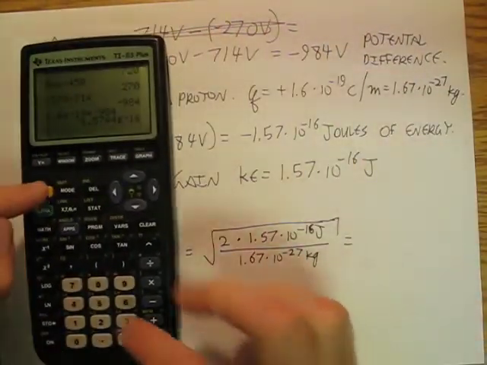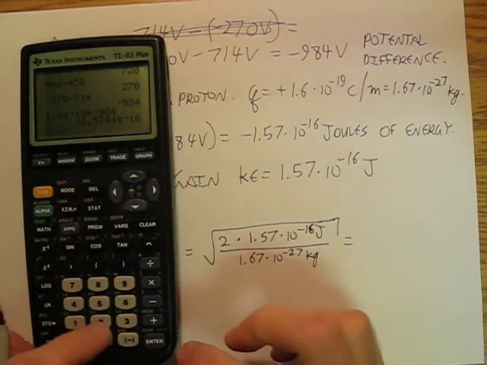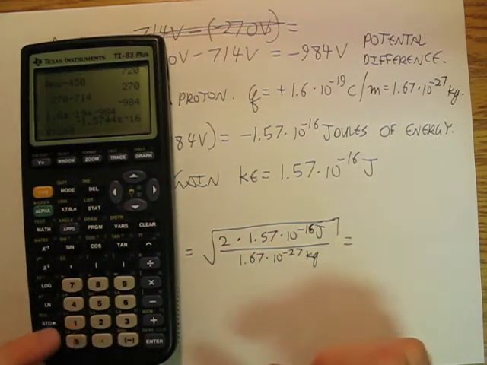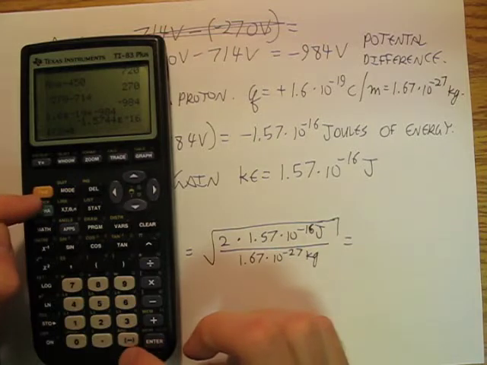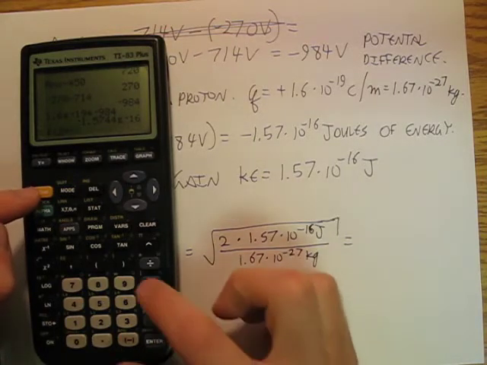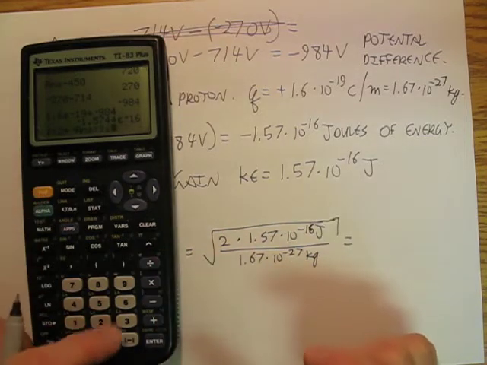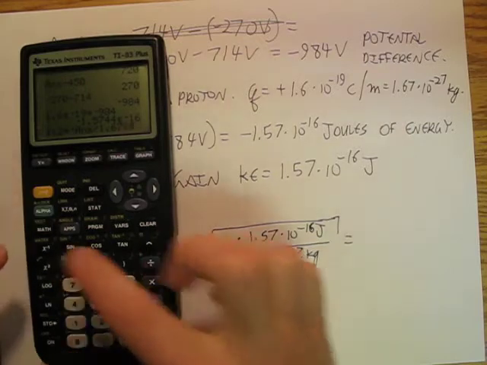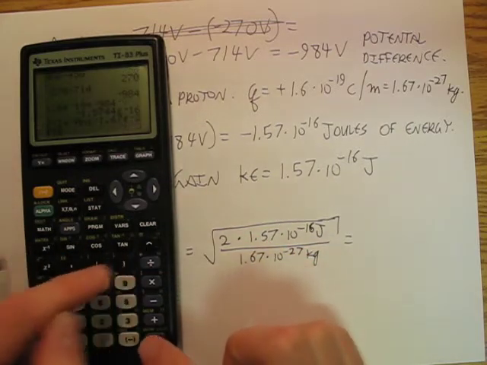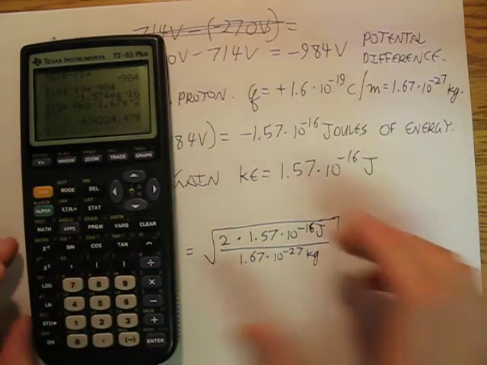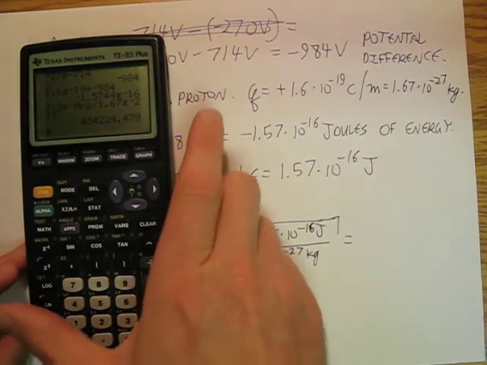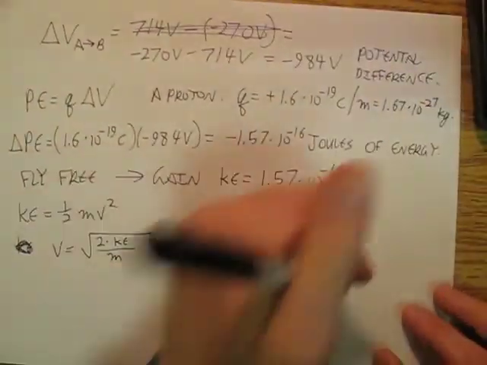And so we're going to get 4.3 times 10 to the 5th meters per second.